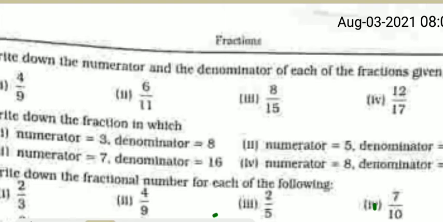Now question number 6. Write down the fraction in which numerator is given 3 and denominator is given 8. So here this is the reverse question of question number 5. So here numerator is given and denominator is given, so you have to write the fraction.